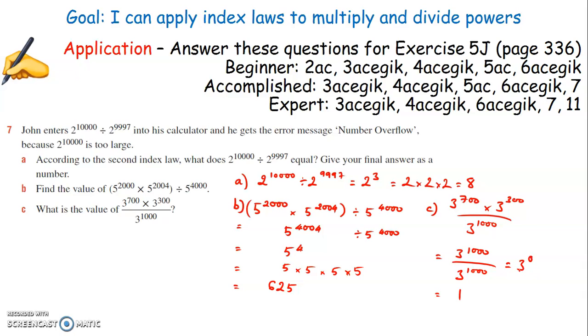So here we have 3 to the power of 0, and that's going to give us 1. Now, when we go through the next exercise, exercise 5K, we would learn that any base to the power of 0 would give you an answer of 1. I hope this video helps you with question 7.